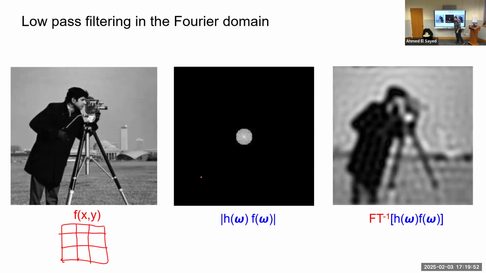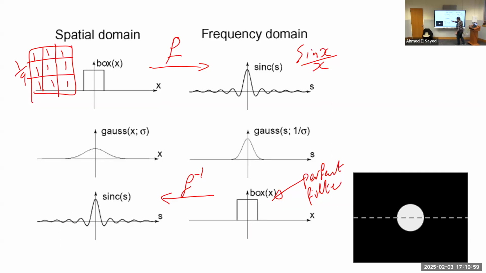So the perfect filter is not our best option. How about the Gaussian? The Gaussian filter in the time domain will be converted to Gaussian also in the frequency domain. So Gaussian here equals Gaussian here. That's why the Gaussian behaves better. Why? Because it retains part of the high frequencies, which makes the image smoother.